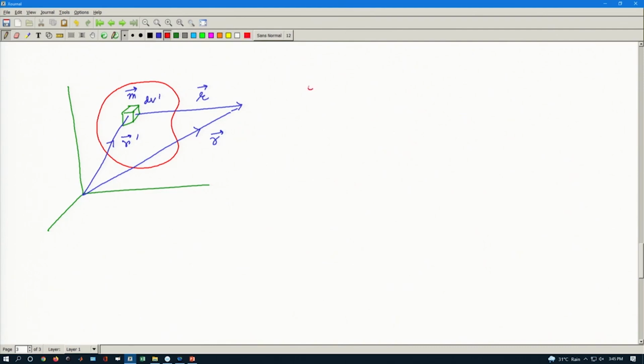So, in the volume element dv prime, we have dipole moment. m is the dipole moment per unit volume, and if I multiply it by the volume dv prime, then the total dipole moment is m multiplied by dv prime.